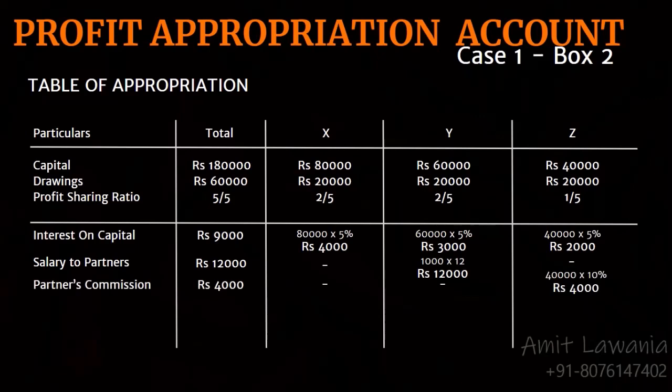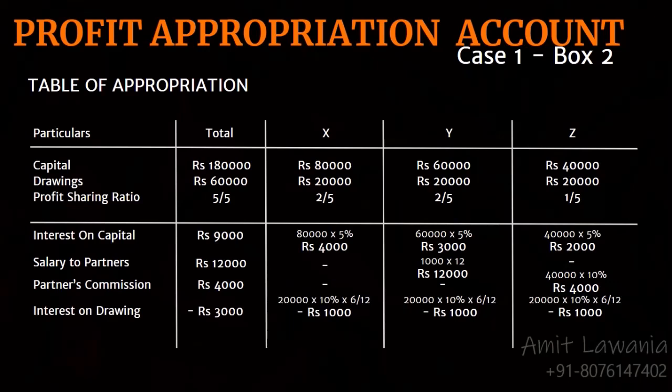Similarly, a provision for commission at 10% on profit is mentioned for partner Z. So we calculate 10% of 40,000, which is profit, and write down the amount of rupees 4,000 in Z's column. Also, since there is no commission for other partners, the total of commission is rupees 4,000 only.